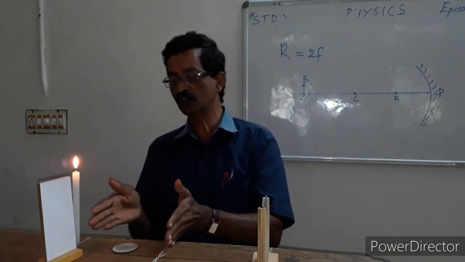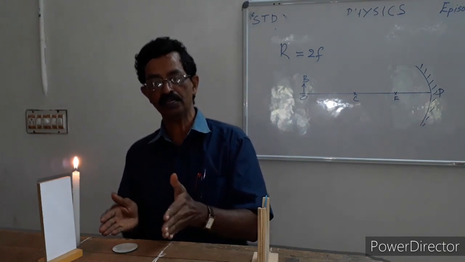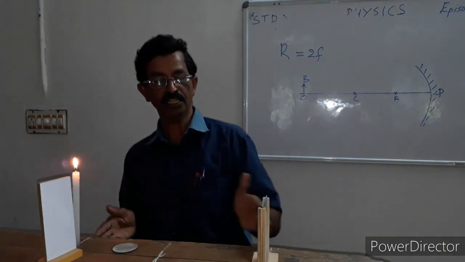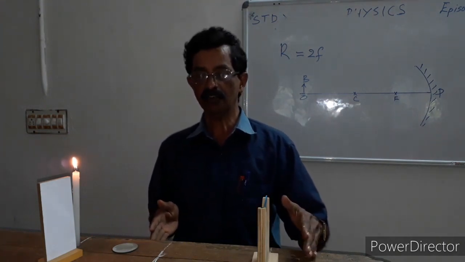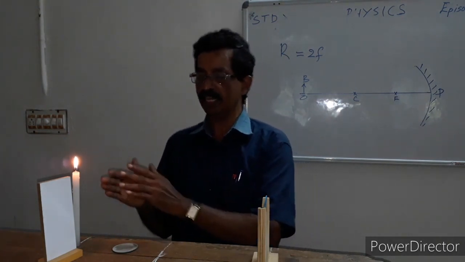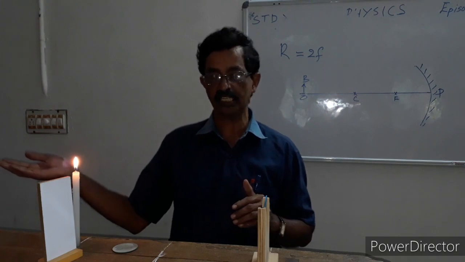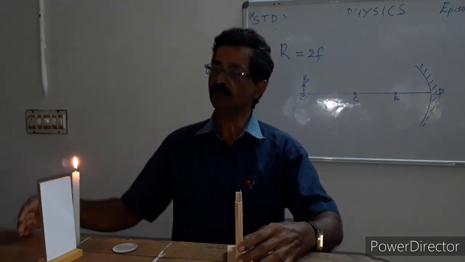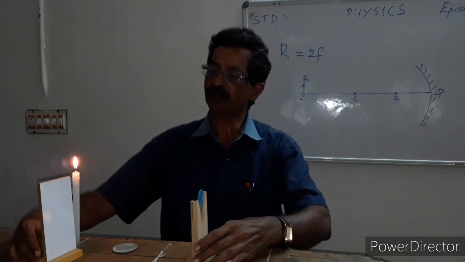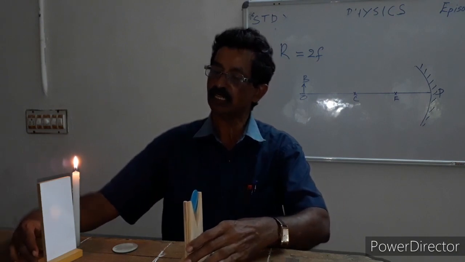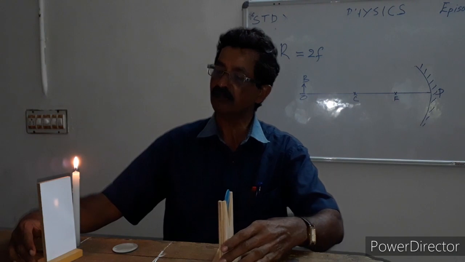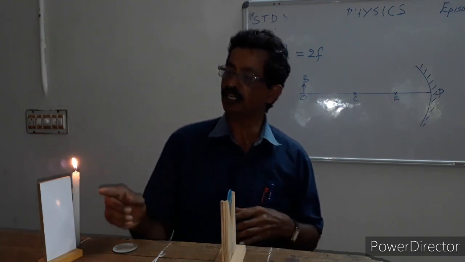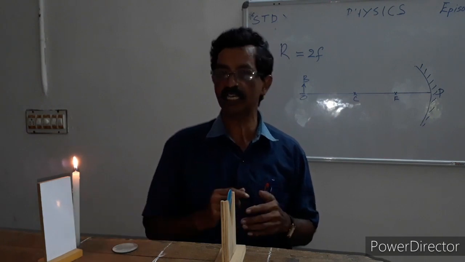Now draw two more lines at distances f and 2f parallel to the first line. Now keep a lighted candle at a distance, then arrange the screen or mirror, and you get a bright image of that lighted candle on the screen. You can see the image.